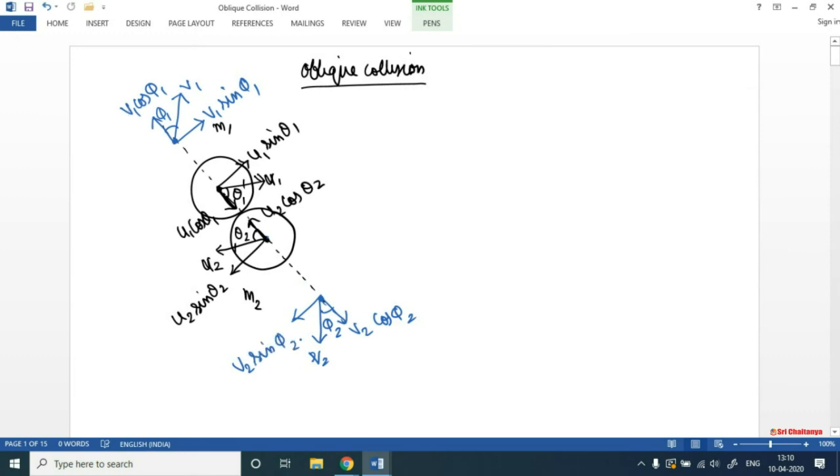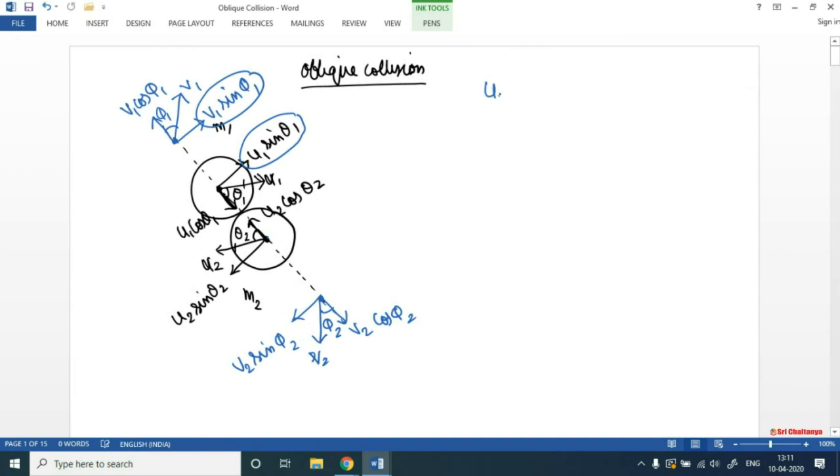One equation we must write over here: the impulsive force on the colliding bodies is going to act only along the line of impact. So the linear momentum of the colliding bodies will not change in a direction perpendicular to the line of impact. So this quantity, the perpendicular component, will remain unaltered.